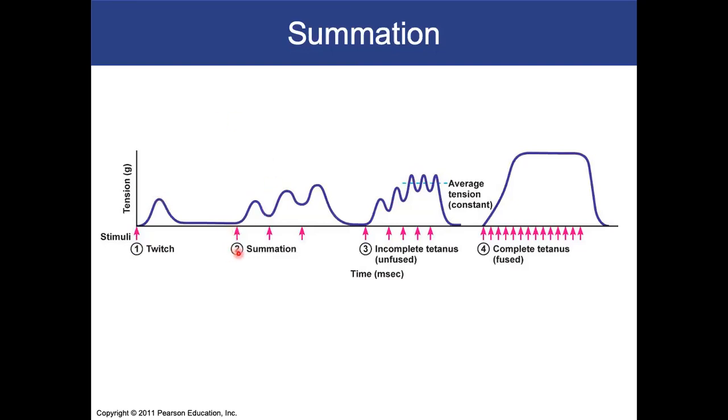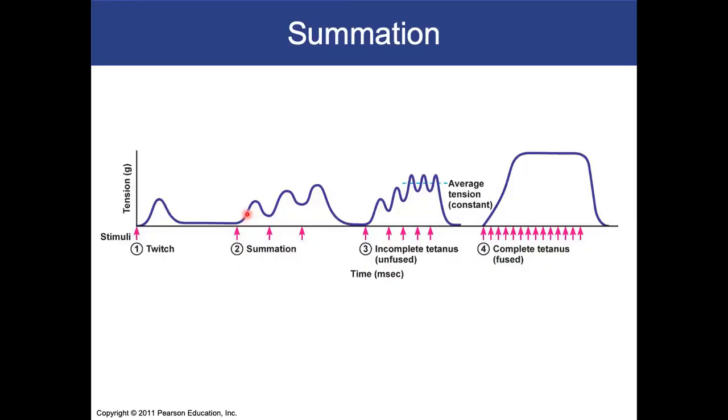Number two, you zap the muscle fiber, it contracts, and then it starts to relax. And before it fully relaxes, you zap it again, and that causes it to contract again. Before it fully relaxes, you zap it again, and it contracts again. This is called summation, or the staircase phenomenon. Sometimes you call it treppe.